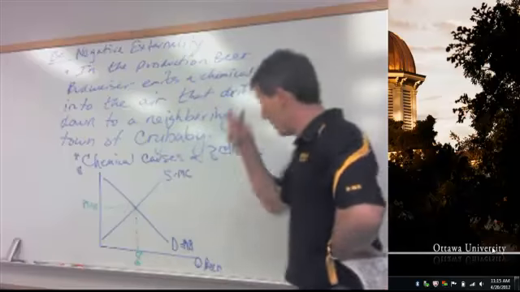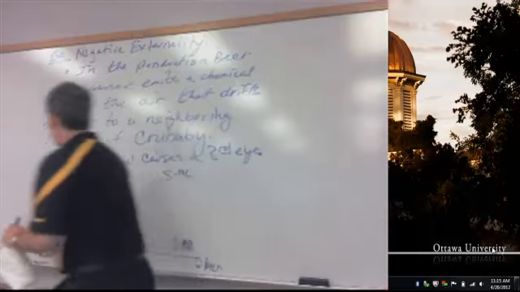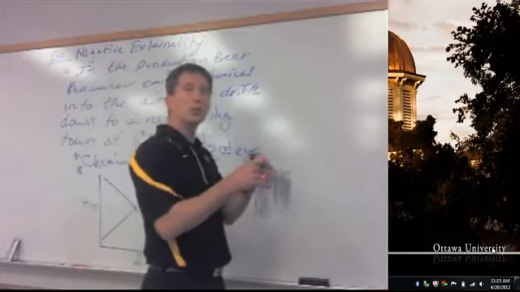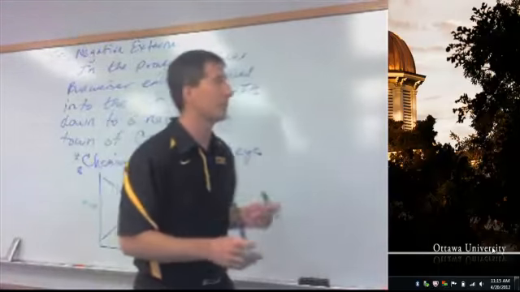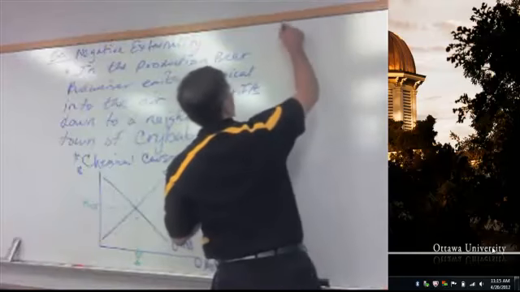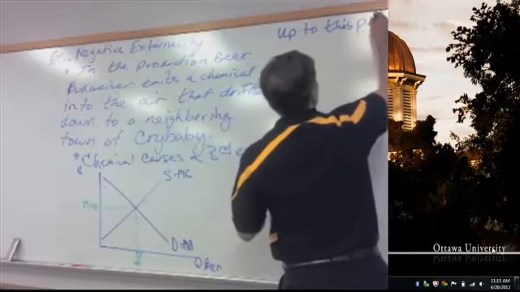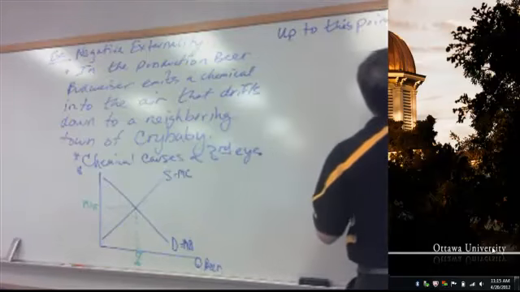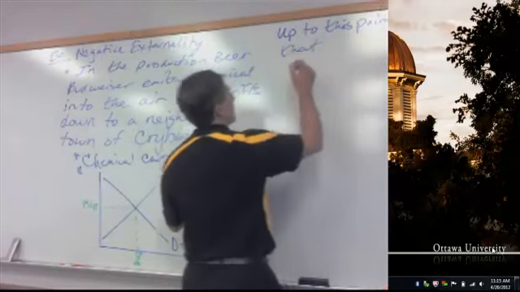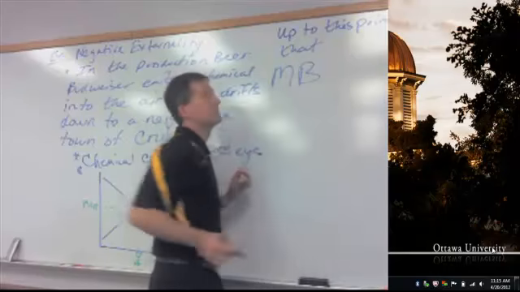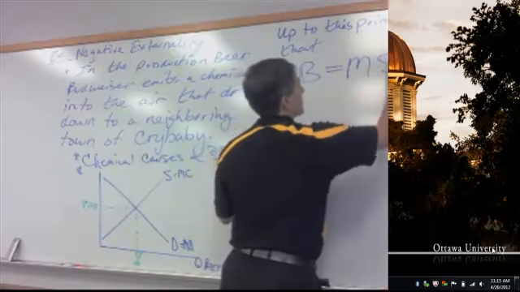Okay, so what comes about with externalities is that the social costs are not reflected in the private cost like we assumed. So up to this point, we assumed that the marginal benefit equaled the marginal social benefit.